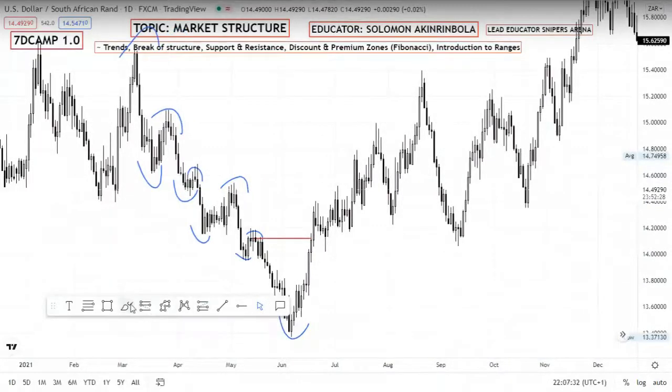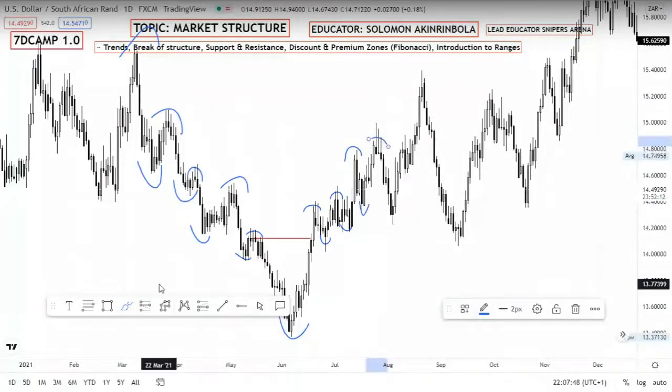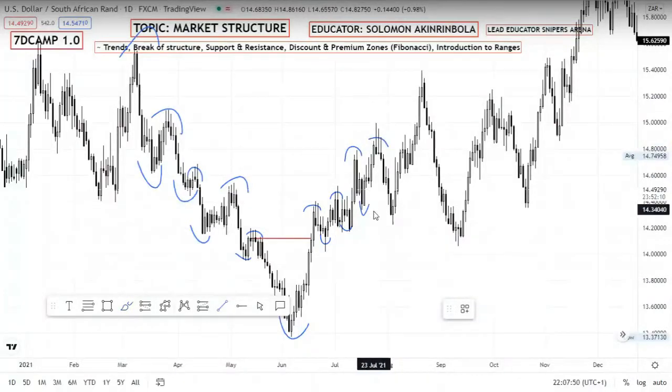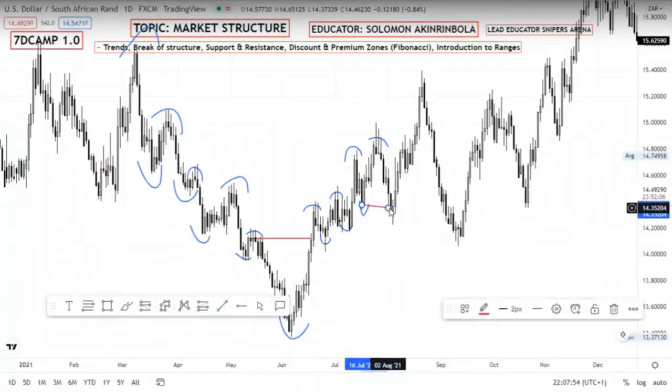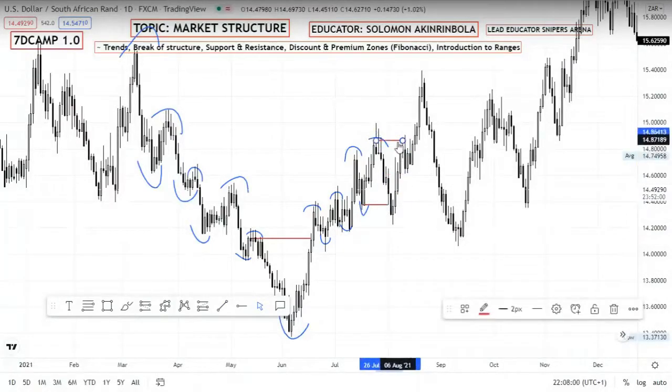Then price started going low, higher high, higher low, higher high, higher low, higher high. It breaks structure to the down part, and also breaks structure to the up part again.